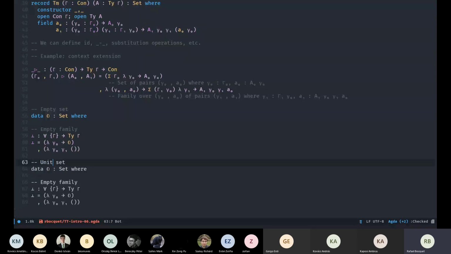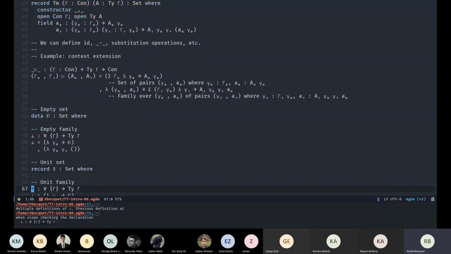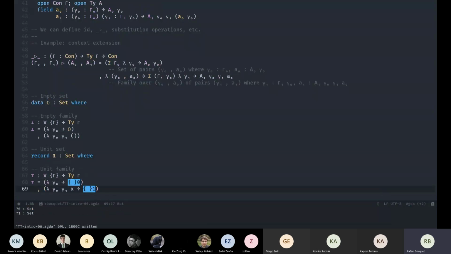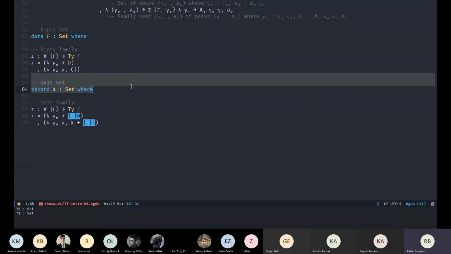Then you can also look at the unit type. Again, first I define this unit set in Agda.